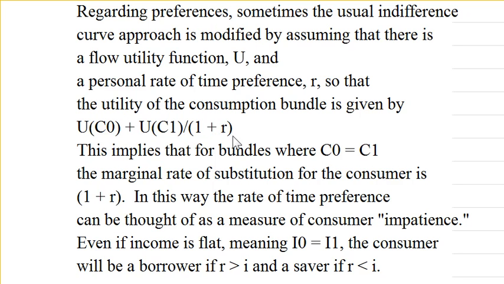That is, we discount future utility just like you discount with the interest rate, but R is a personal preference parameter.